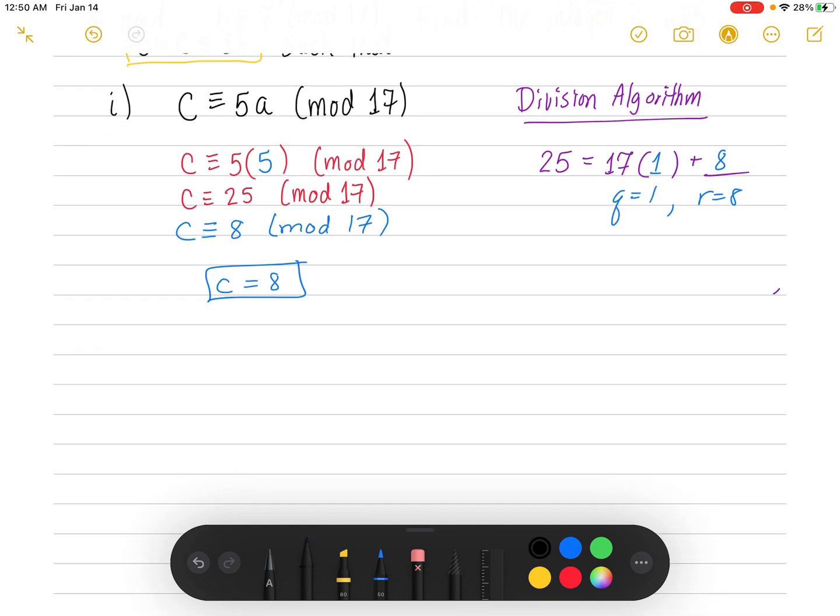All right, let's do another example. Number 2. Here I have C is congruent to 31 times B mod 17.